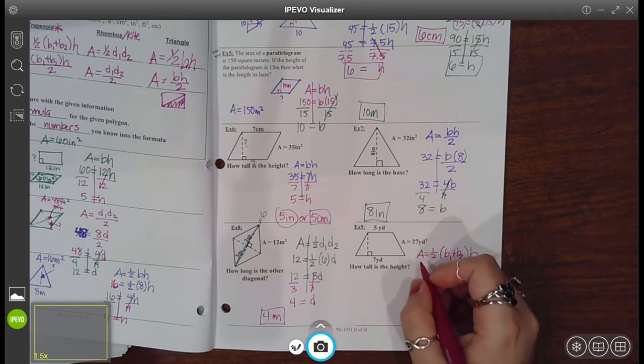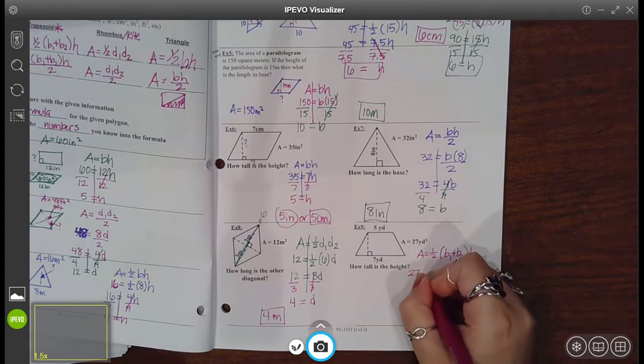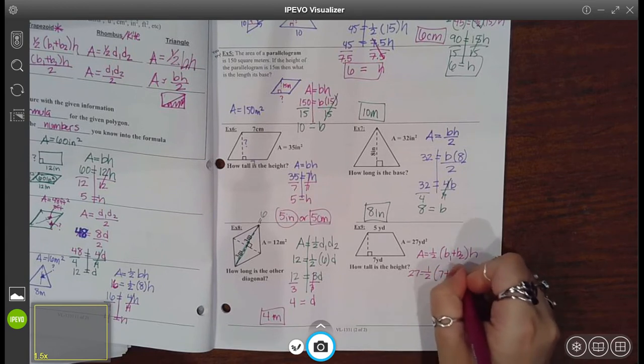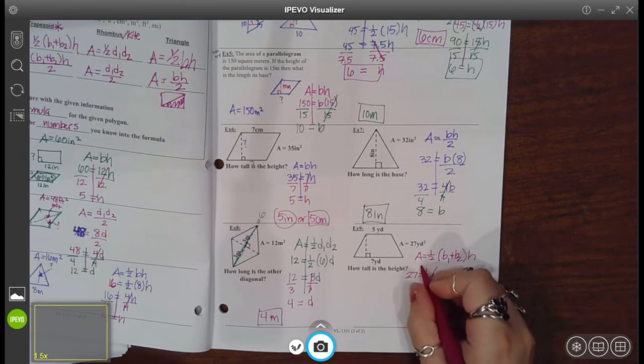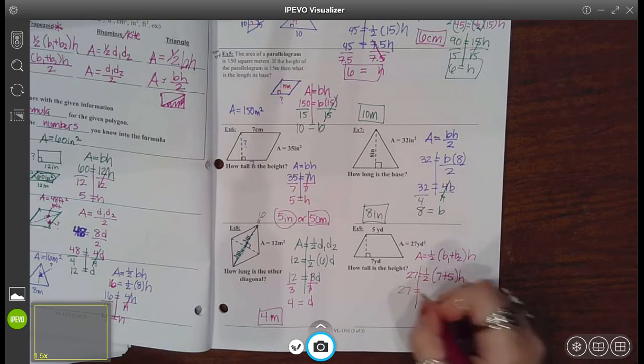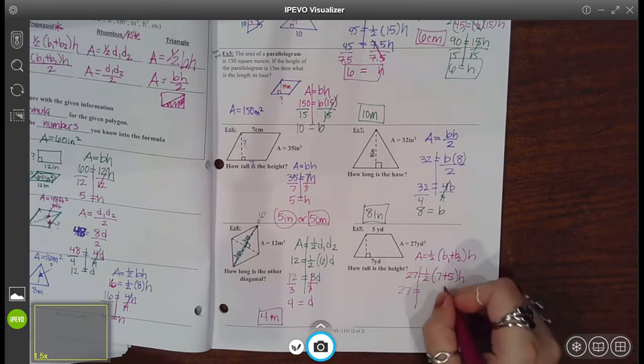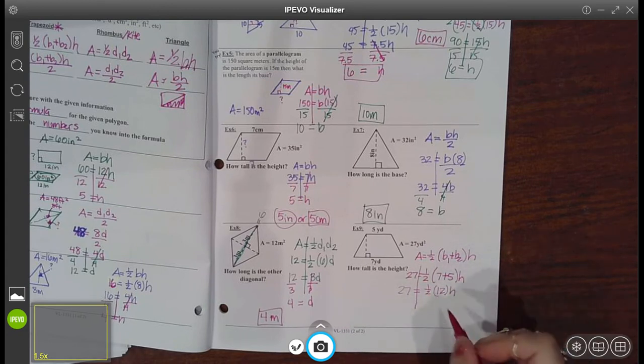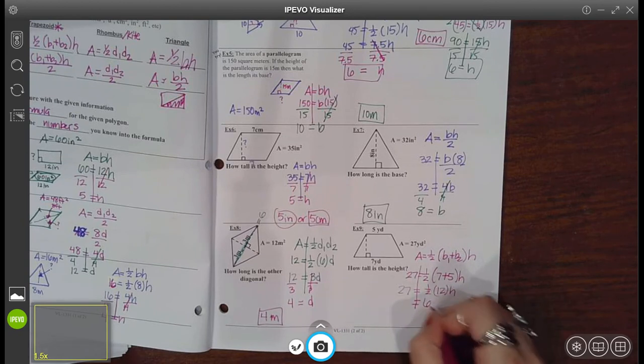Okay, plug in what you know. You know your area is 27. One base is 7, the other base is 5, and we don't know the height. Okay, parentheses first. 7 plus 5 is 12. And then you can still simplify this side. Half of 12 is 6. So now you have 6h equals 27.